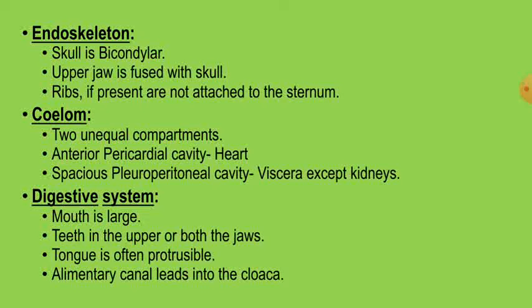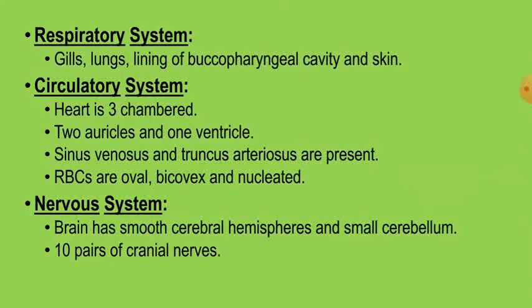The next is the respiratory system. Respiration takes place by gills, lungs, lining of the buccopharyngeal cavity and skin, either separately or in combination. Gills are always present in the larval stage but may persist in the adult stage in some cases.